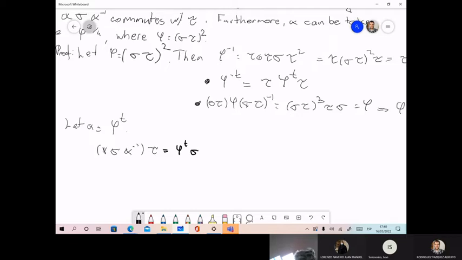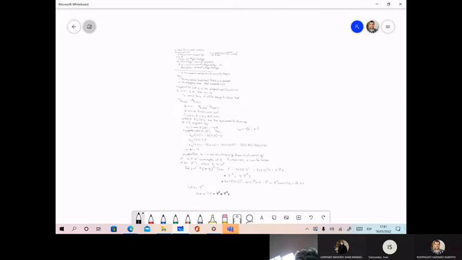Well, this looks much clearer now. Phi to minus t tau. But now phi to minus t tau, we know that phi to minus t is tau phi to t tau.